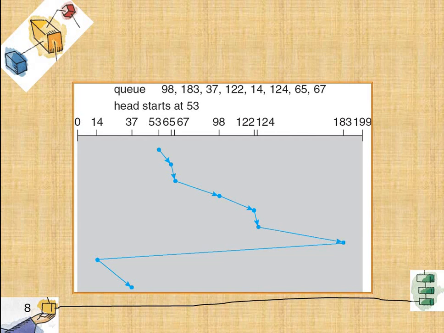From 183, our next request is 14. So instead of going from 183 again to the start of the disk, it is better to go to the one which has been requested, that is, from 183 it moves to 14 and again continues. So this is an example of the C-LOOK algorithm.